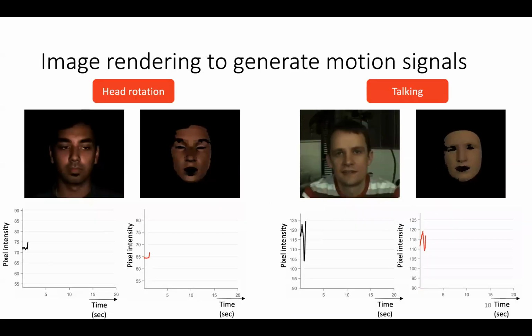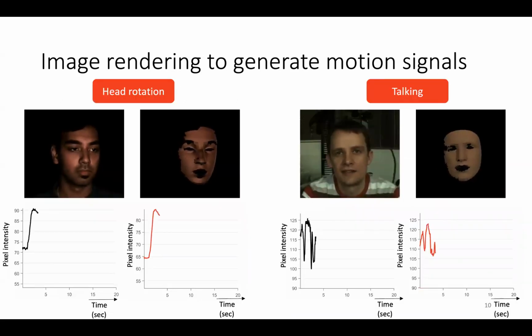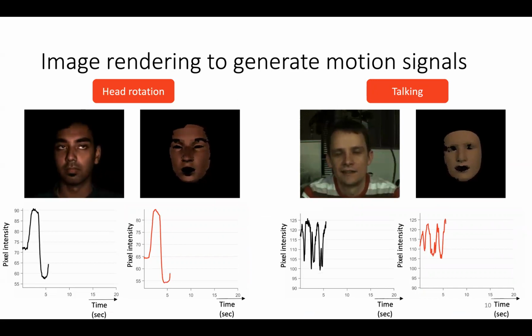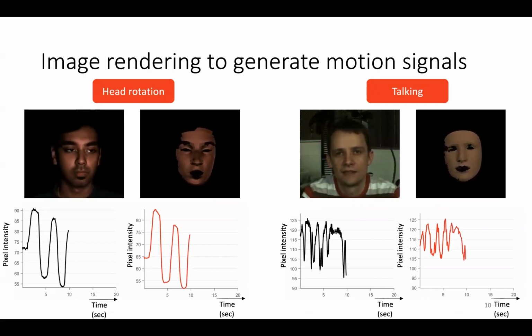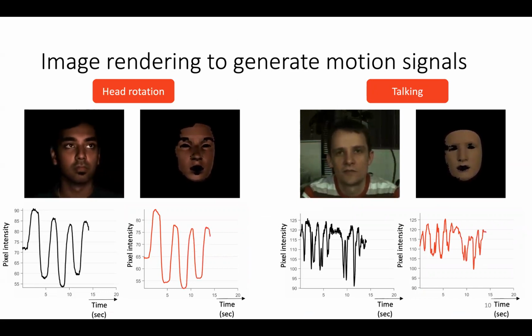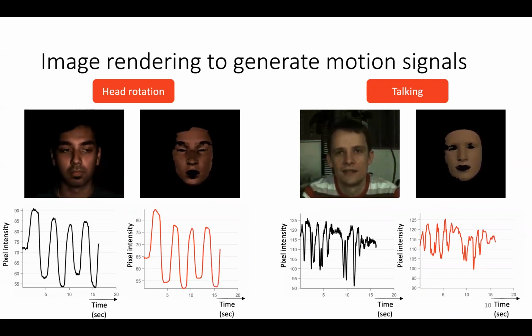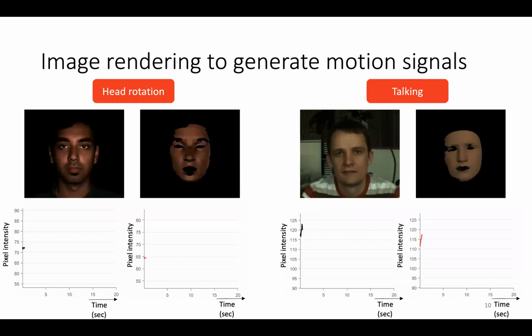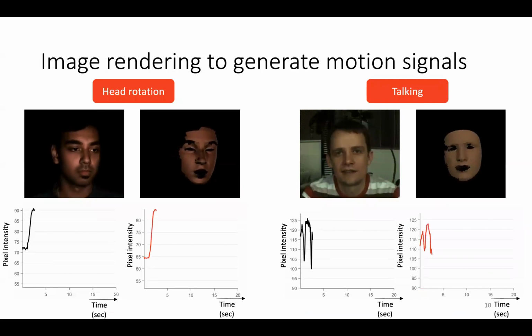So here we show examples of the recorded pixel intensities versus the generated motion signal for two different types of motions. Here, the signals are obtained from a point on the left cheek of the person.